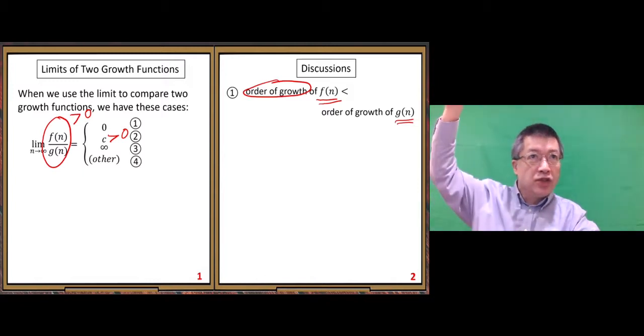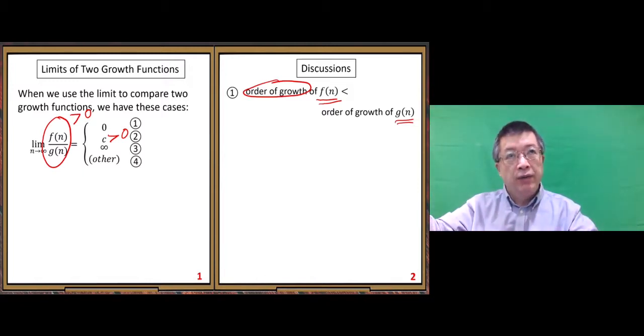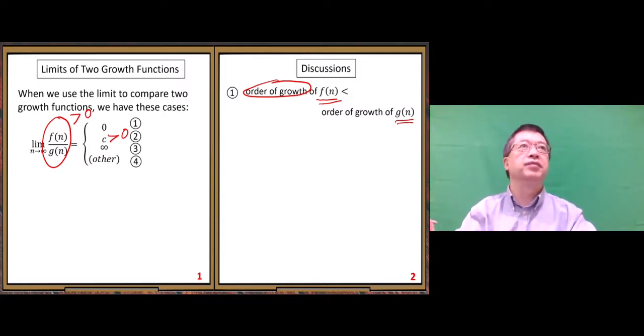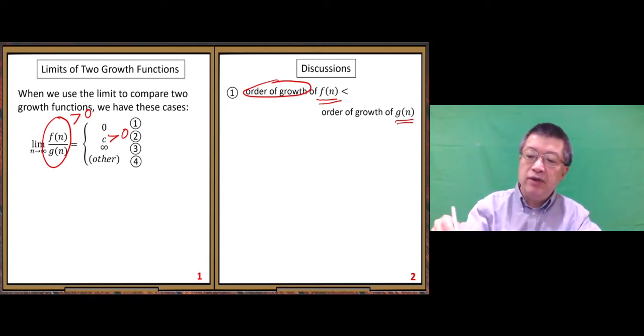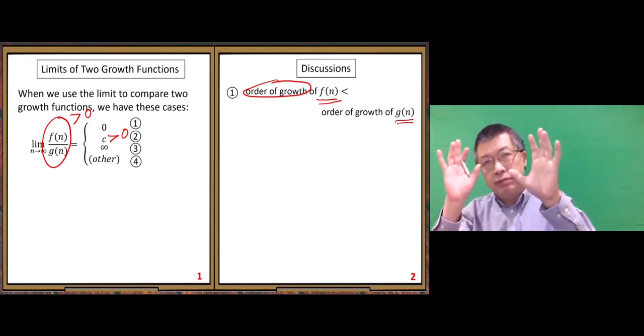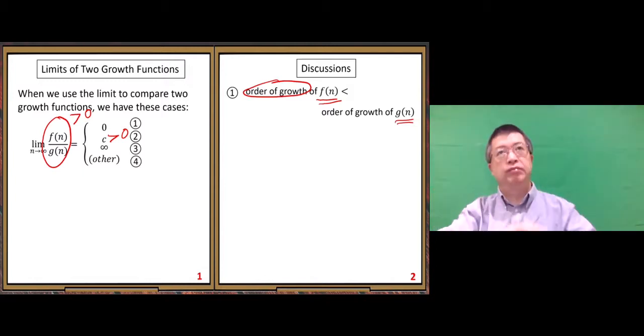How fast or how slow, we use a concept to describe it: order of growth. This is a very abstract description.